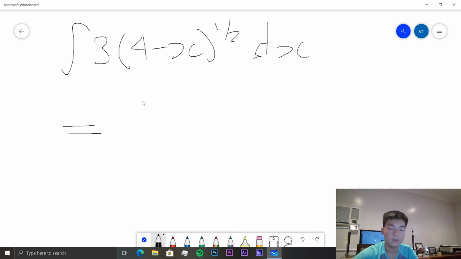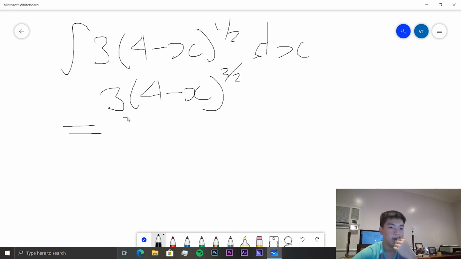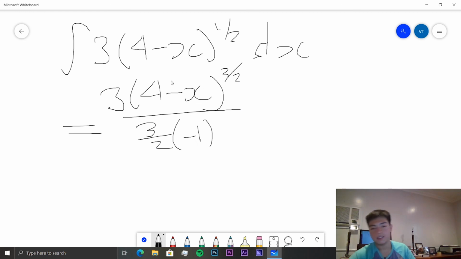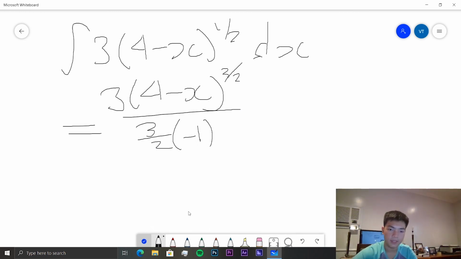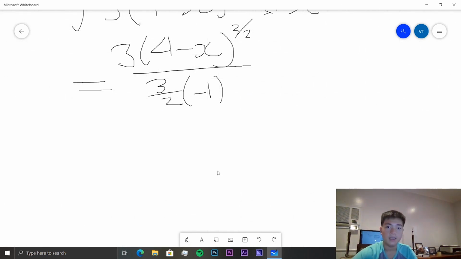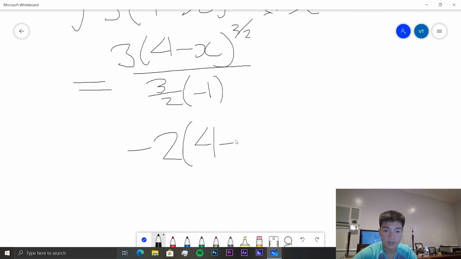So this is equal to add 1, so 3 times 4 minus x to the 3/2 over 3/2 times negative 1, since if we differentiate the inside, it's equal to negative 1. So we can cancel this out. So it equals negative, I believe, 2 times 4 minus x to the 3/2. So this would be the integral.